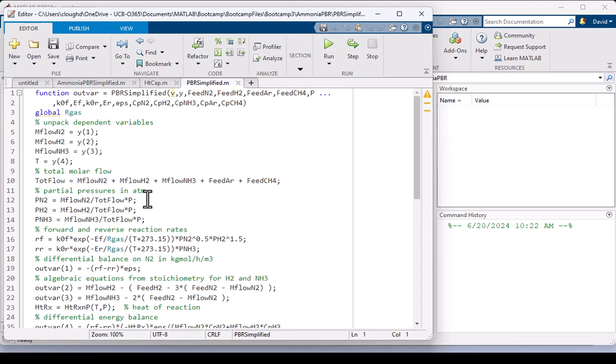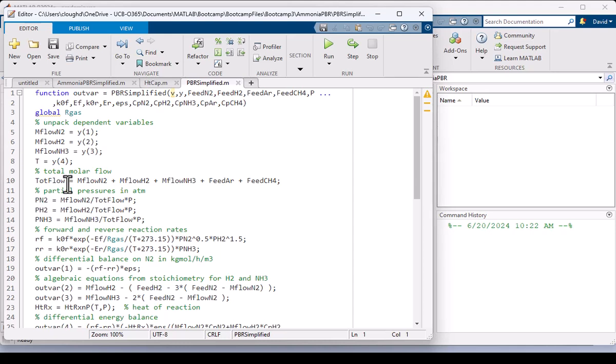So what we do for starters is we take our current values of our dependent variables, and we are unpacking the 4 of them into variable names which are more familiar to us: molar flows and temperature.